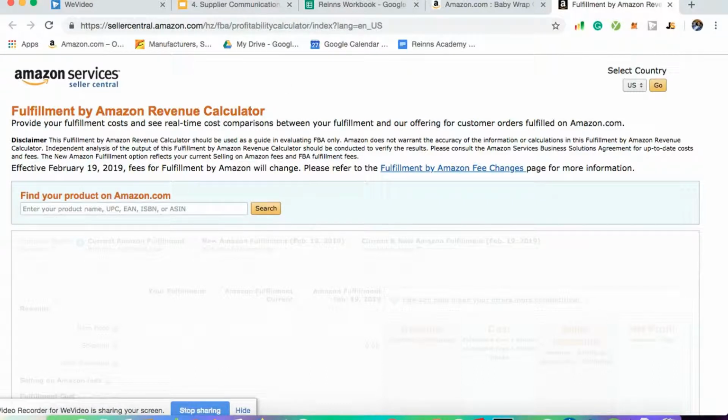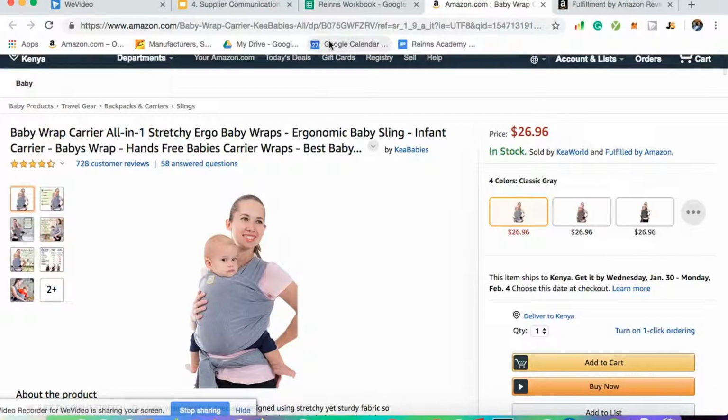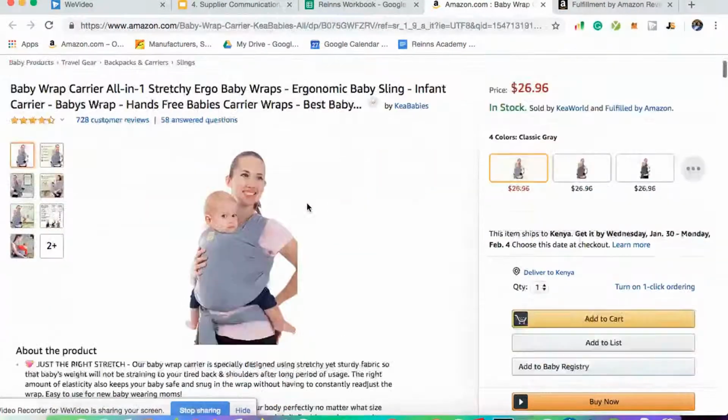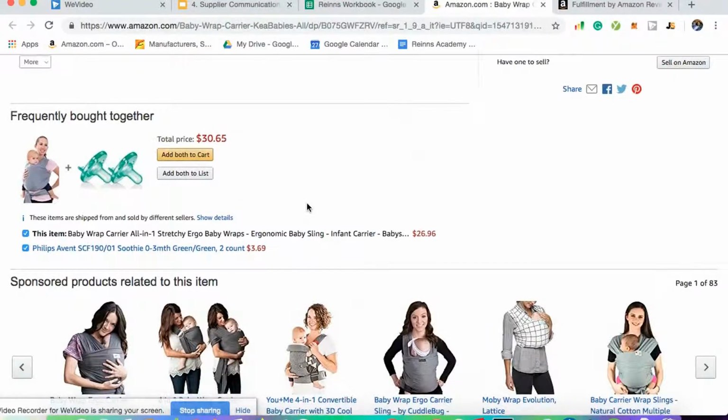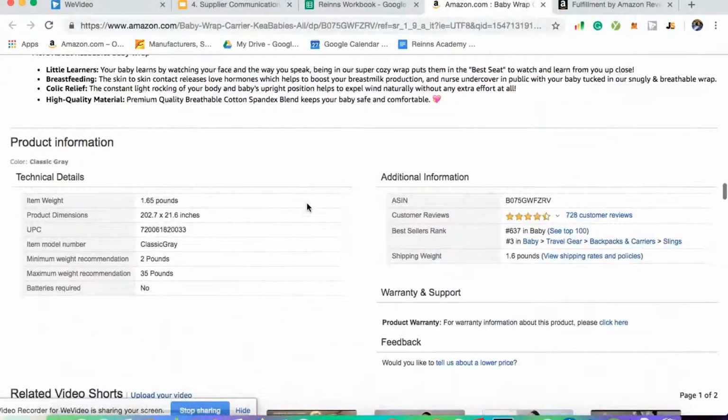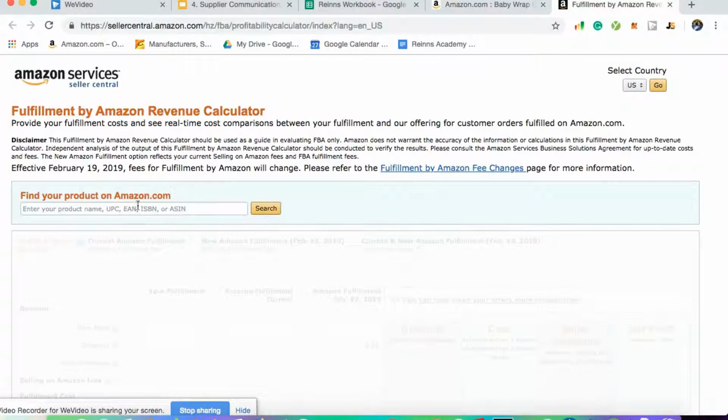And I want us to be using the ASIN number. It's easier. You just go to the product that you want to sell. Remember, the price is 26.96. You scroll down, and you take the ASIN number, which is normally at the product information, technical details. You copy it, come back here, and place it here.